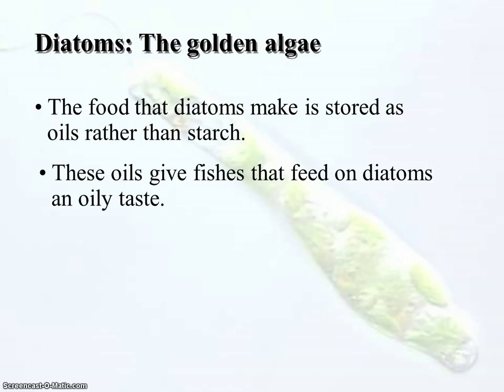And these polymer oils are what the fish in the oceans get when they feed on these diatoms. When you eat a fish like tuna or maybe salmon, an ocean fish like that has an oily taste. That oily taste comes from the fish's diet, which is mainly going to be these diatoms.